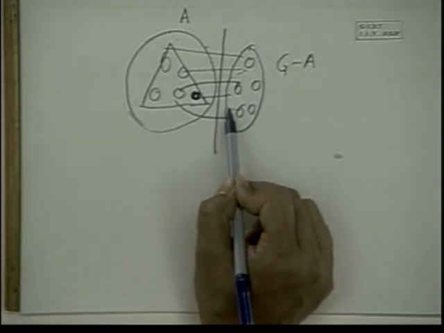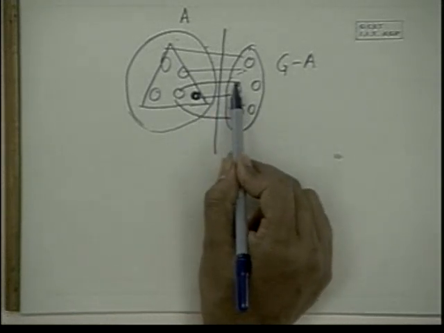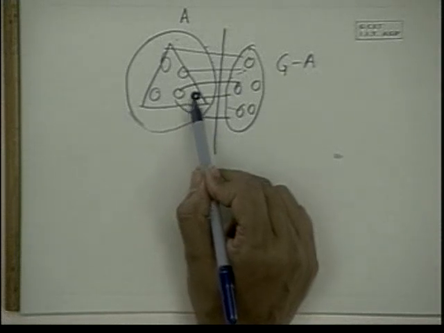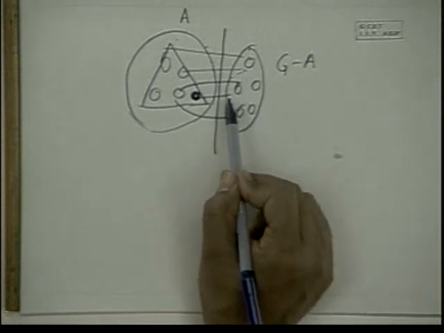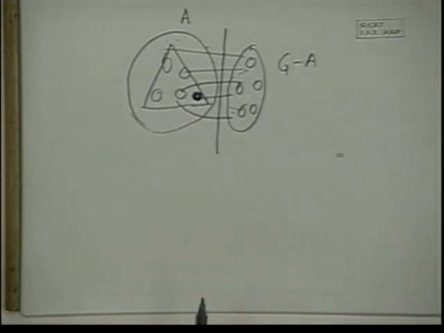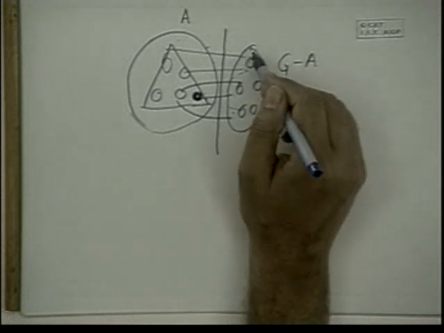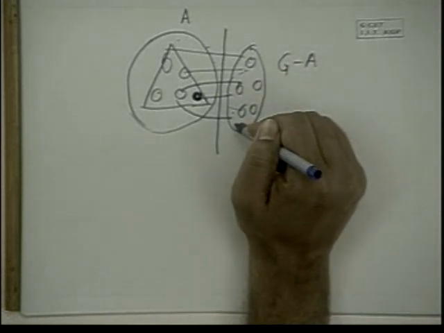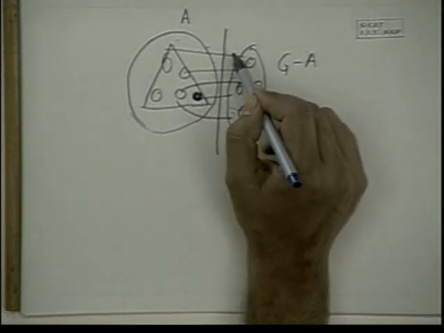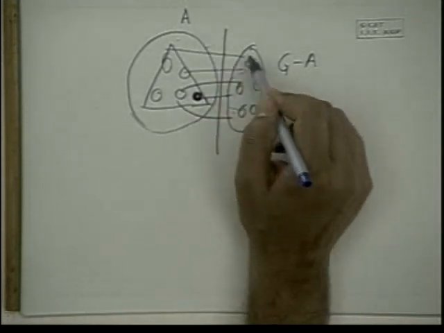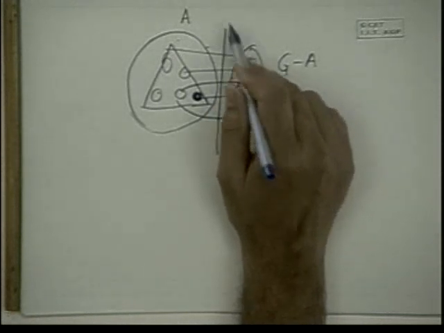If any edge can give a lower priority to that vertex through this vertex, then that priority is set. So what does it mean? It means every vertex here will have a value equal to the edge which is the minimum among all such edges which can reach this vertex which cross the cut.